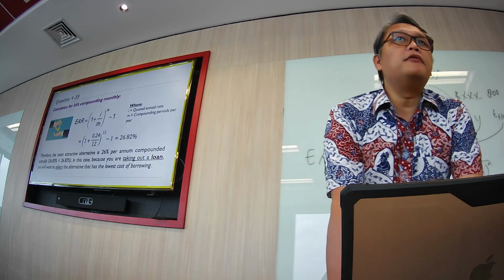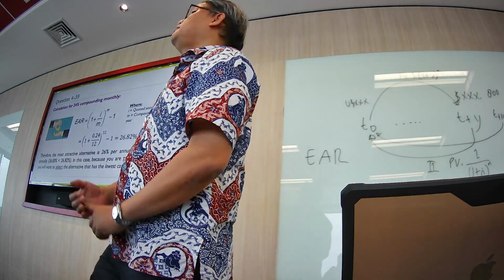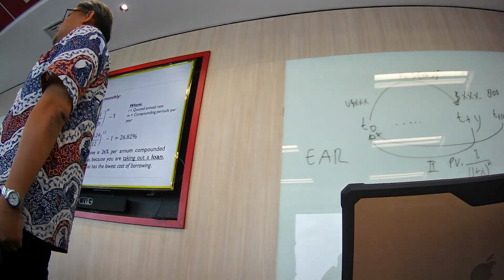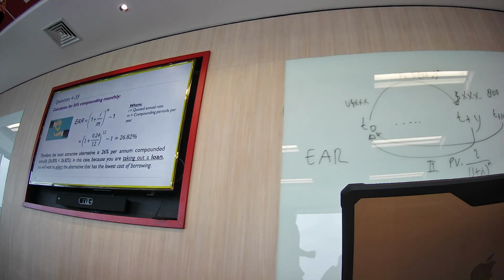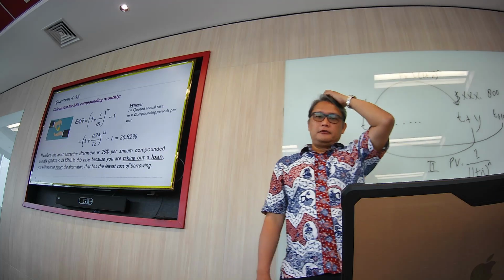Right. So if you get two or three offers from finance companies or banks, then you search for the effective annual rate.